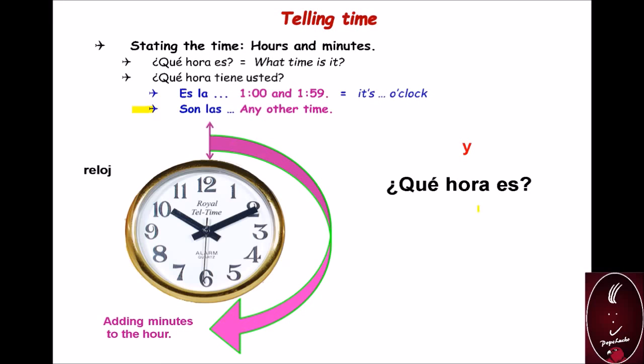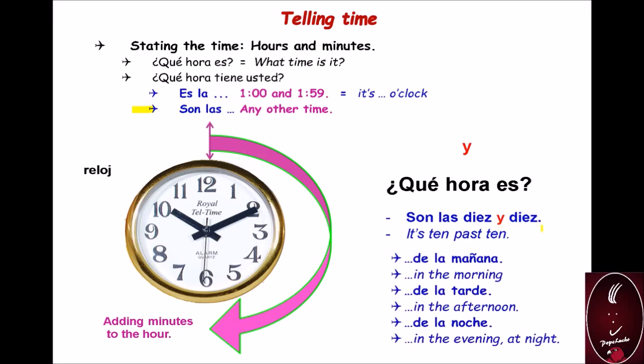My answer to this question is son las 10:10, because we are adding 10 minutes to the hour. And to complement this answer, I can use de la mañana or de la noche. So my complete answer is son las 10:10 de la mañana or son las 10:10 de la noche.